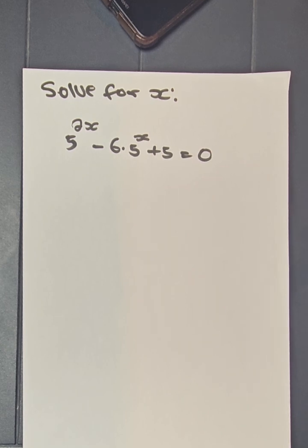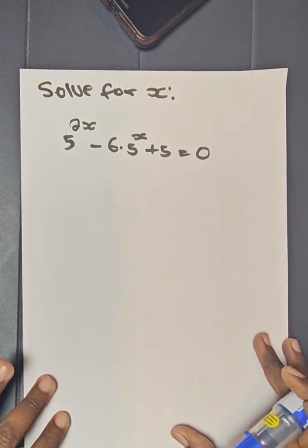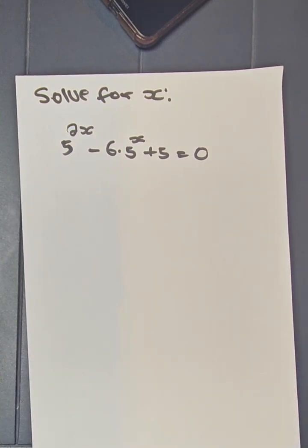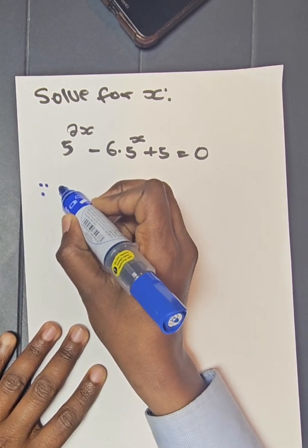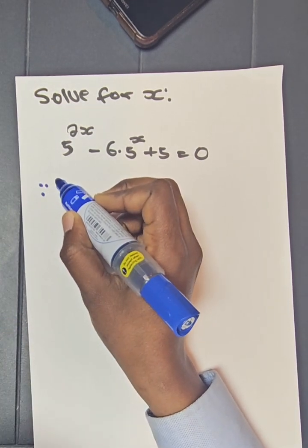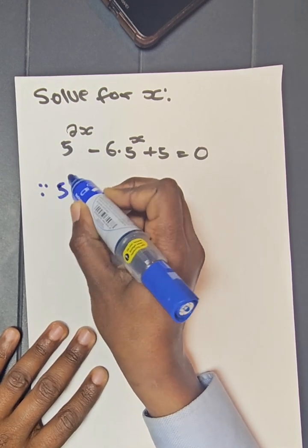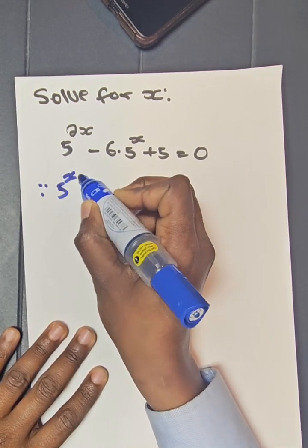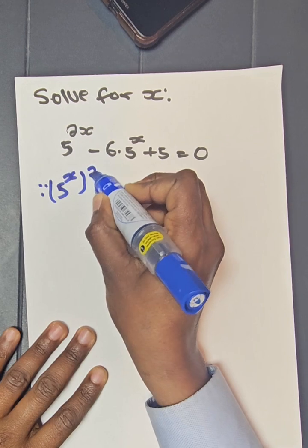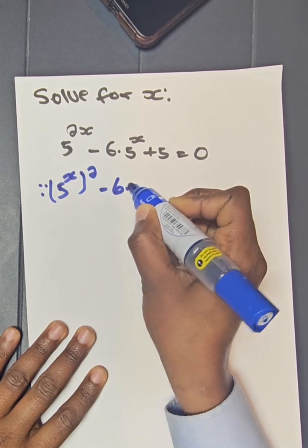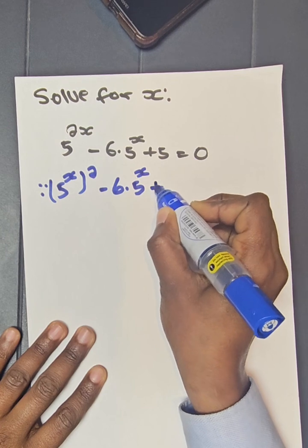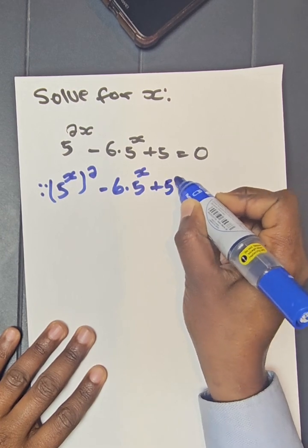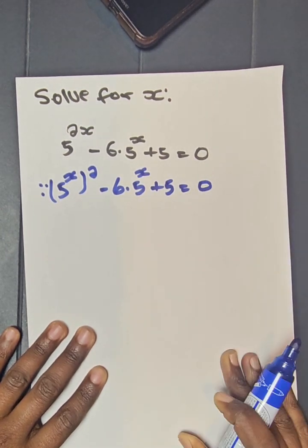So now if we look carefully at this, we see it's something that we know. So I'm going to write this one in standard form in order to show you what this is. So we're going to say this equals (5 to the power of x) all squared minus 6 times 5 to the power of x plus 5 equals 0.